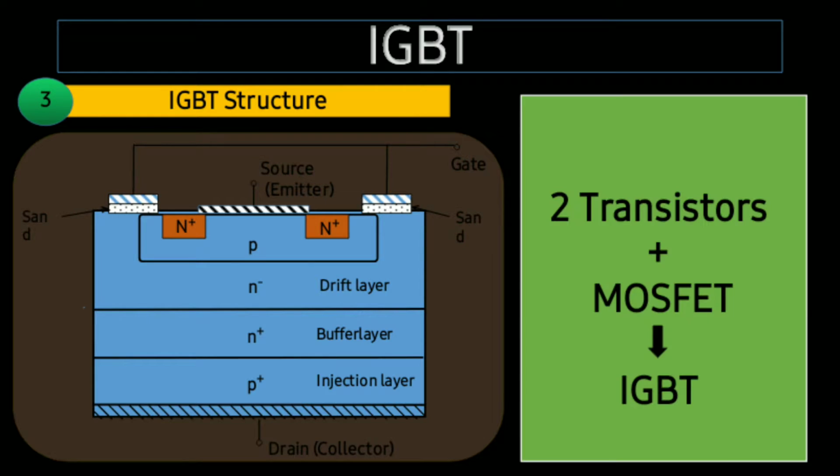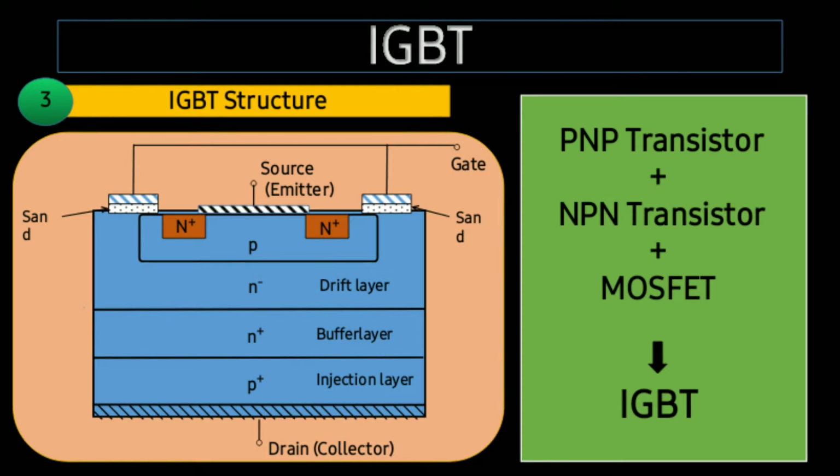Next we shall see the IGBT structure. This can be constructed with an equivalent circuit which consists of two transistors and a MOSFET. So the IGBT output is the combination of a PNP with an NPN transistor, along with the MOSFET.